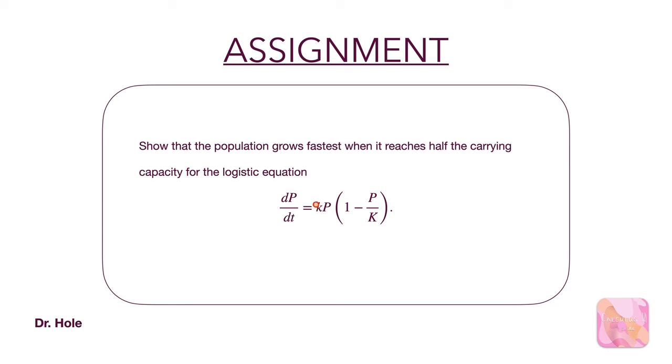When does that occur? Well, you're therefore trying to find when is dP/dt a maximum value. So in this assignment, you're trying to find a max value. Excellent. So there'll be some Calc 1 computation, and then after that, a little bit of algebra.